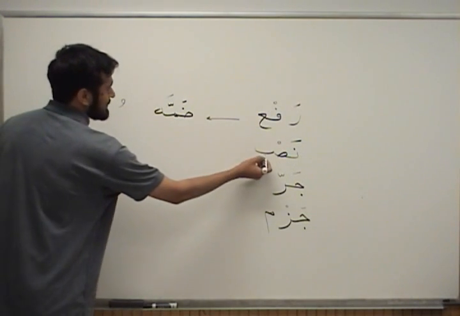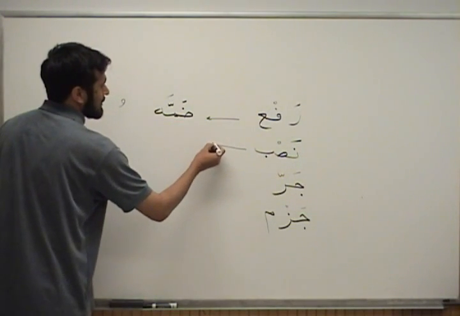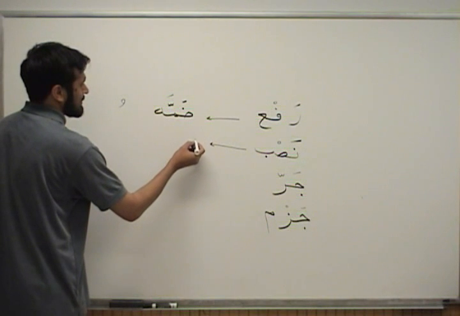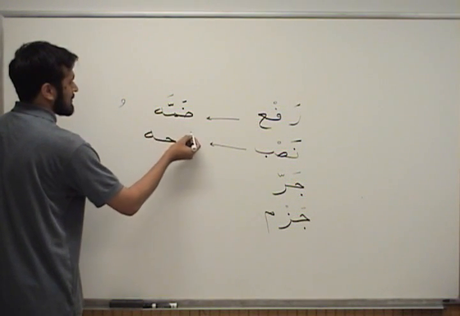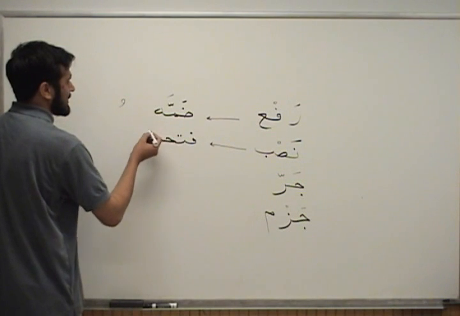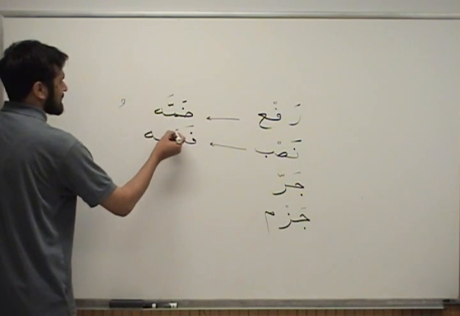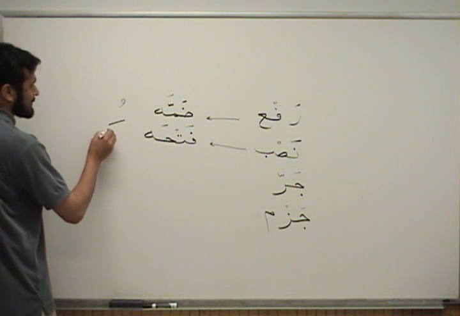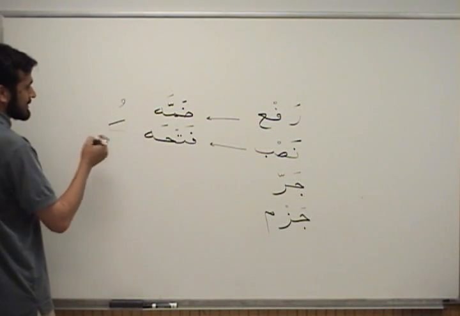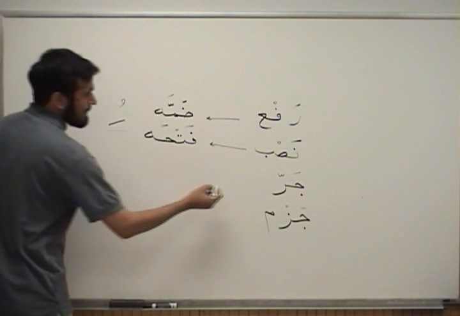For Nasb, we have Fatha, which is like this on top of a letter. The letter is here and the Fatha is written on top of it.